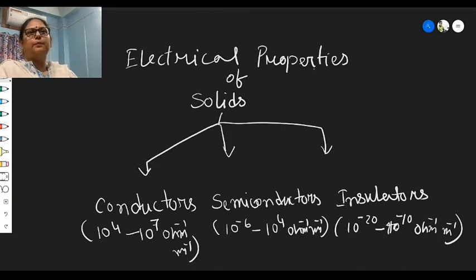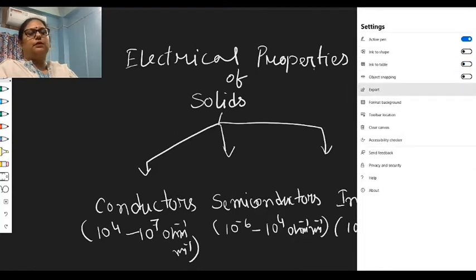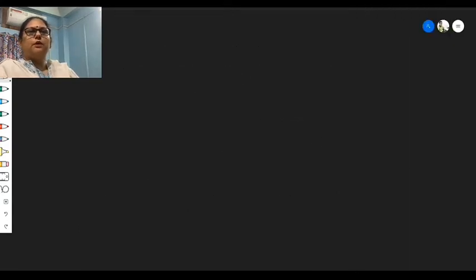That means with the help of molecular orbital theory, we can explain the band theory of solids, and with the help of band theory, we can explain the conductivity of different solids. So now we consider the band theory of solids.